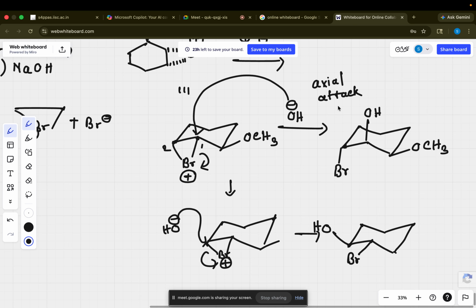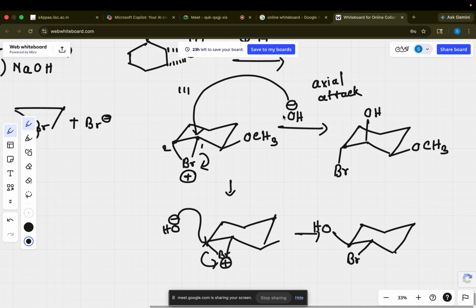In the first class of carbonyl chemistry, I gave some examples, that cylindrical type acetylide, CH3 minus. Remember that class, or check your notes. Whatever nucleophile you have, it will approach from the axial side if it is not that bulky, and if it does not have that kind of 1,3 diaxial interaction.